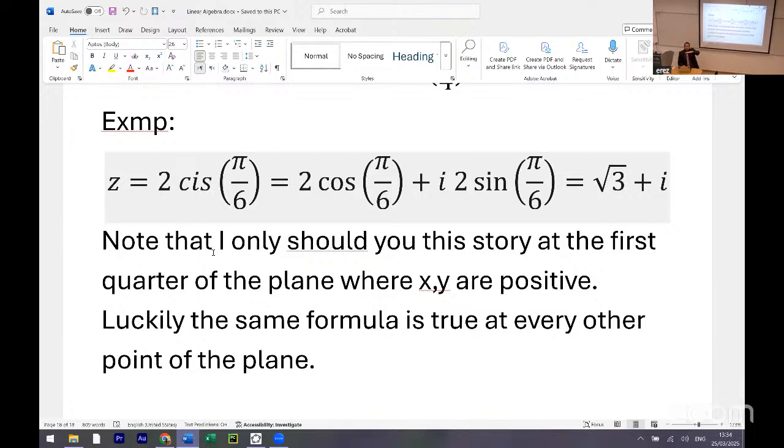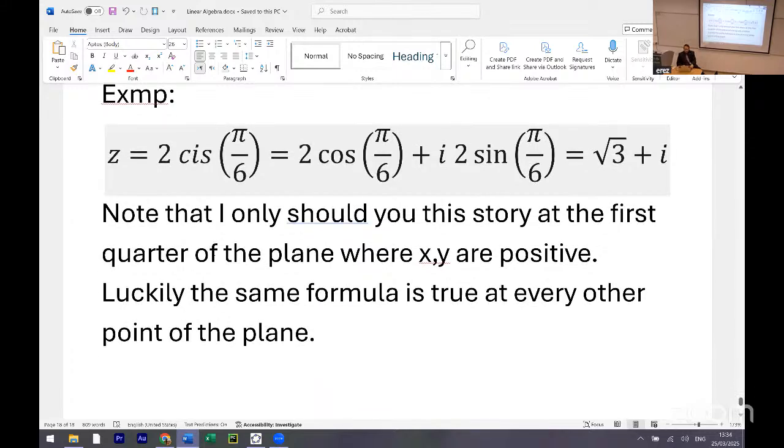The angles over 90 degrees are not an angle of a triangle anymore. But still, the same formula of a equals r cosine theta and b equals r sine theta works everywhere on the plane, and we use them everywhere.